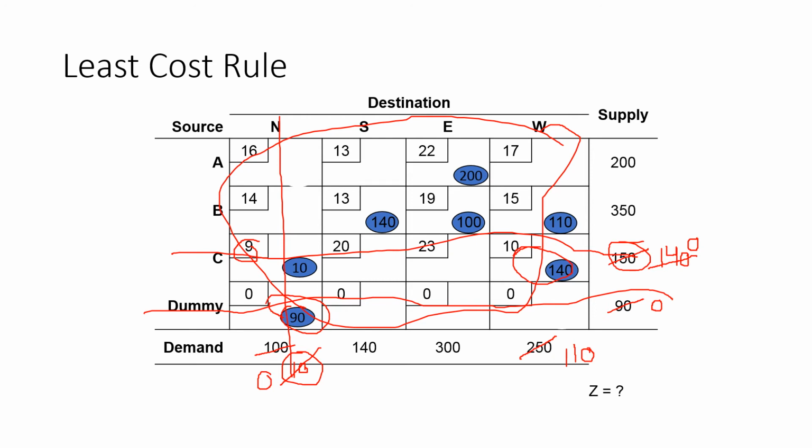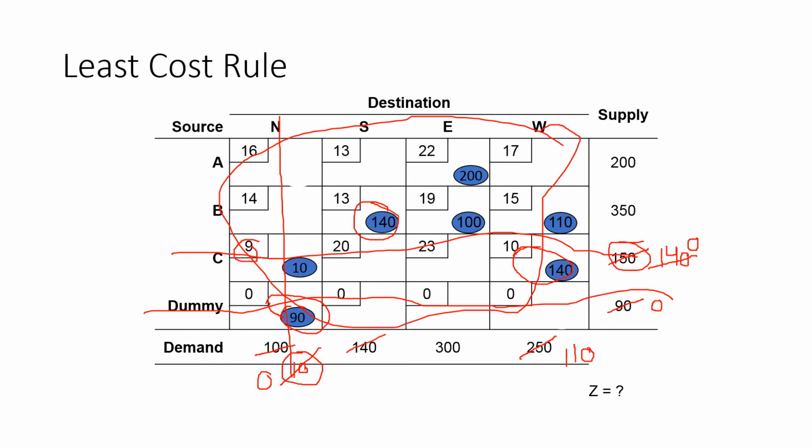I will find the minimum from those costs. The minimum turns out to be 13 here. That's right. There are 2 minimums, but pick whichever one arbitrarily. There are 2 13s, so I take this one, and allocate as much as possible.